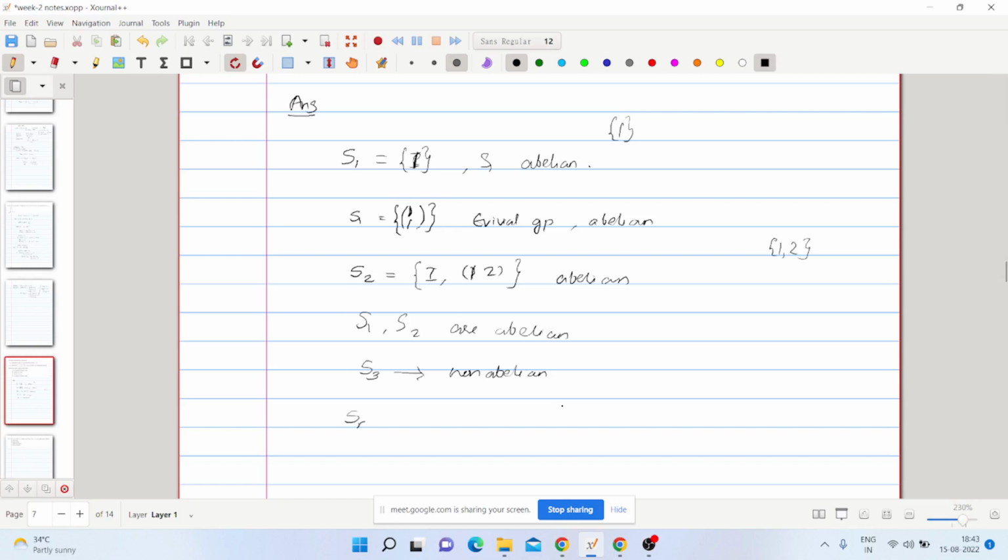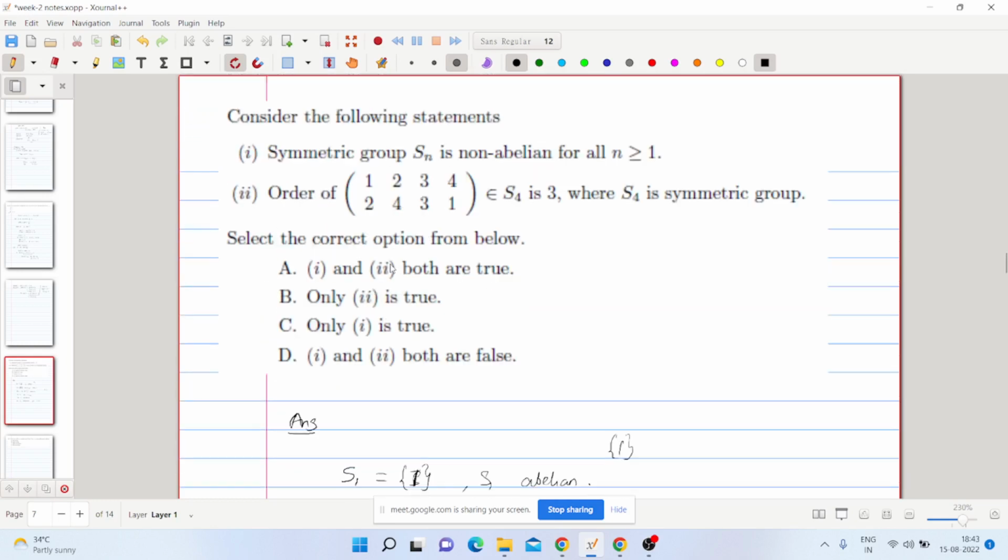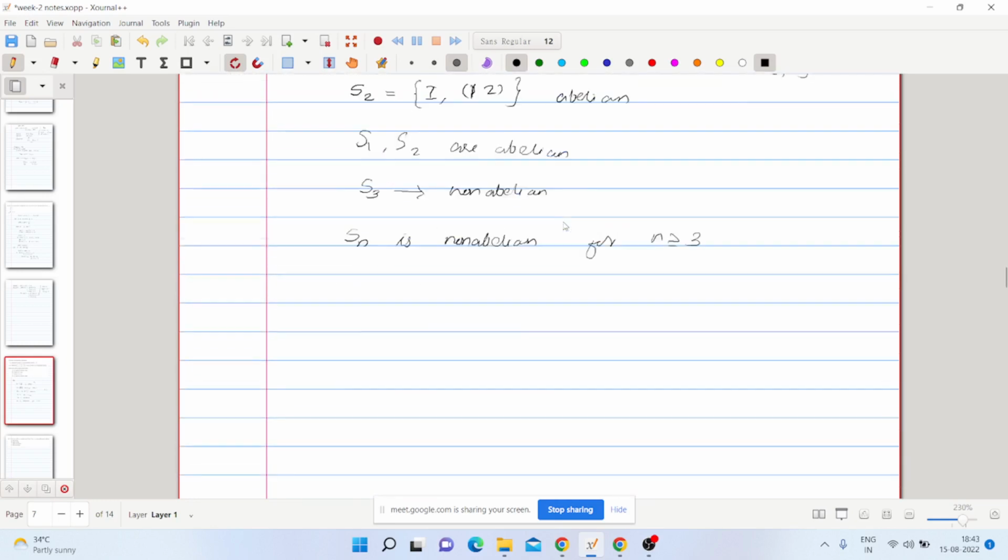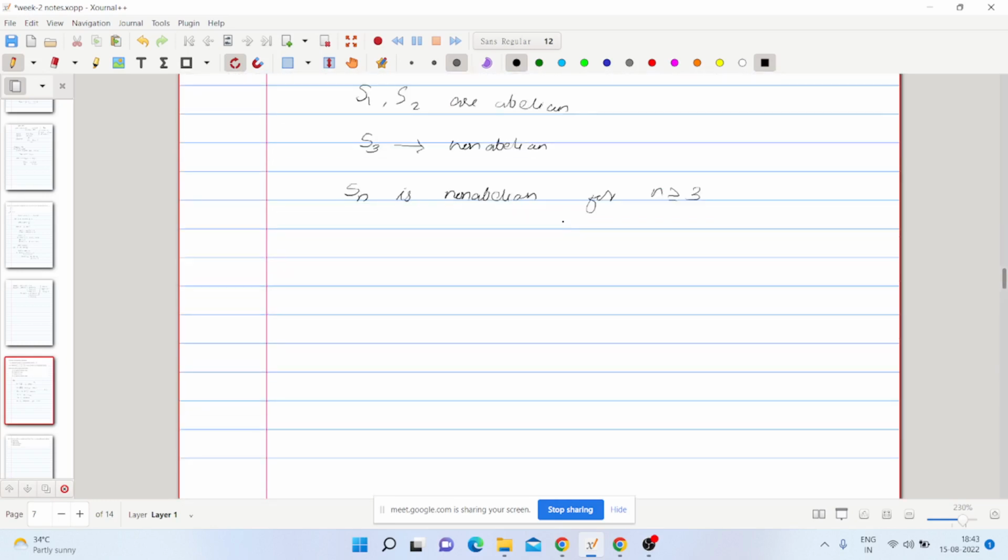In fact, the result is that Sn is non-abelian for n greater than or equal to 3. For any n greater than or equal to 3, Sn will be non-abelian, but S1 and S2 are always abelian. Let us see how it comes.